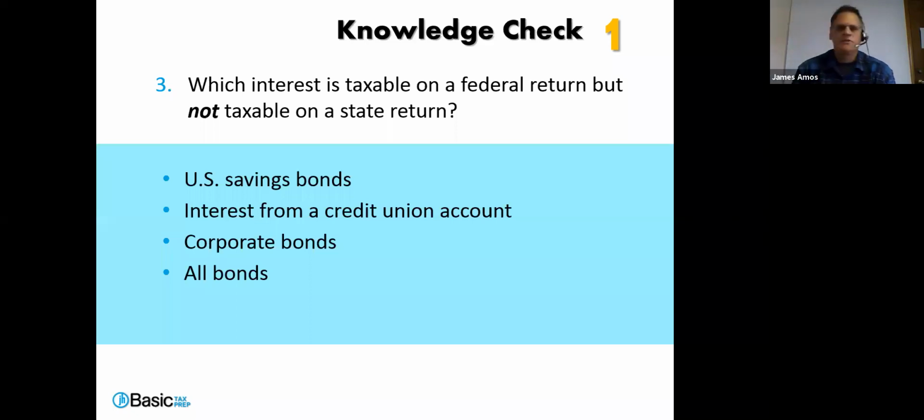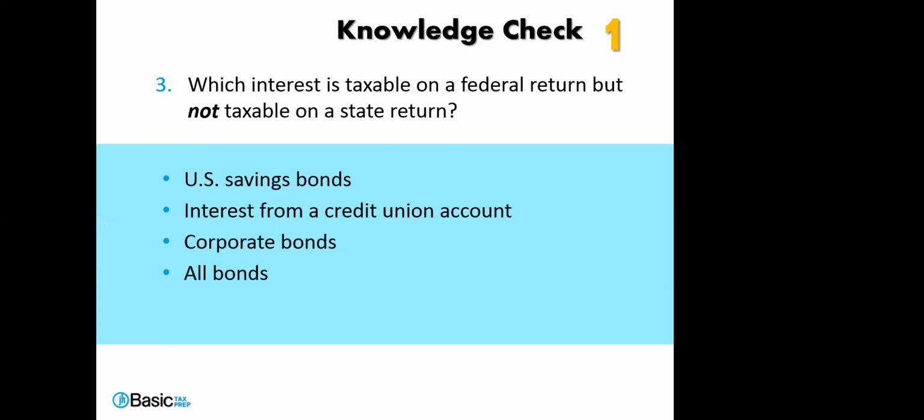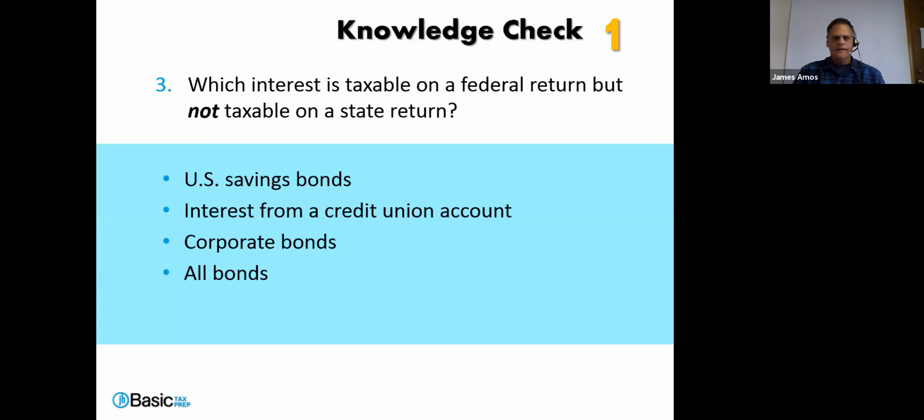So the next one is which interest is taxable on a federal return but not taxable on a state return? Waiting for more people to reply. A. Okay. All right. That's right.